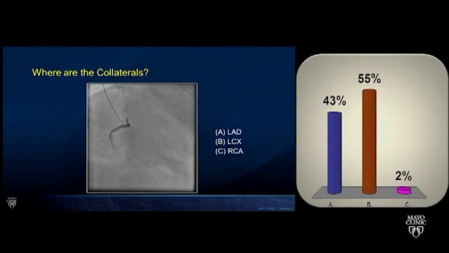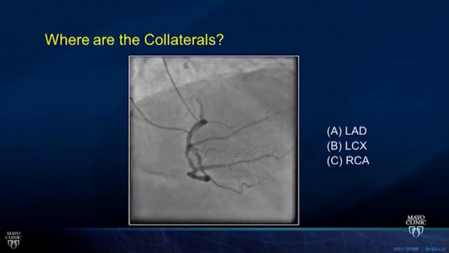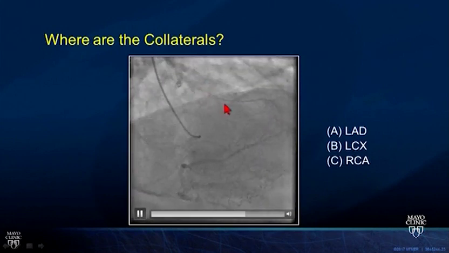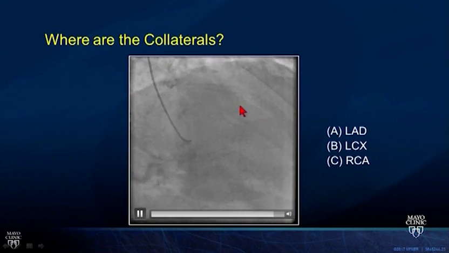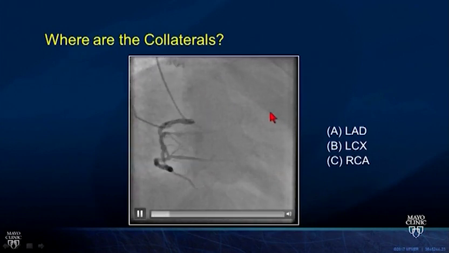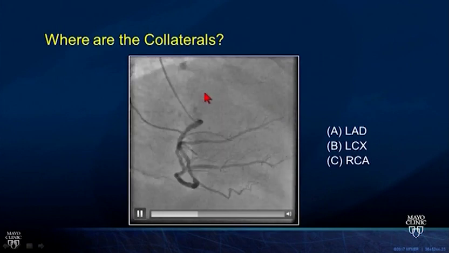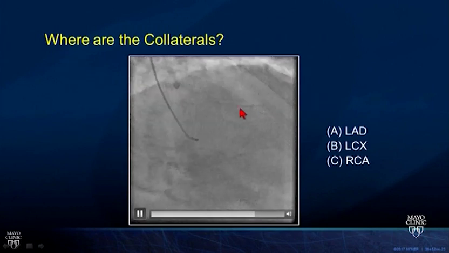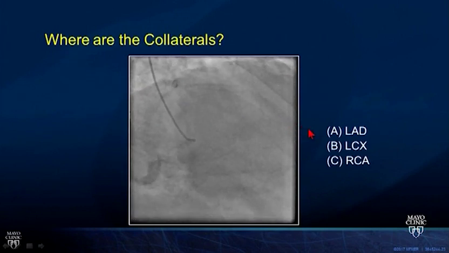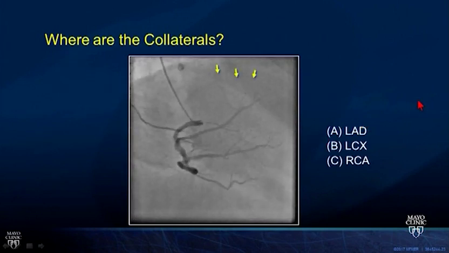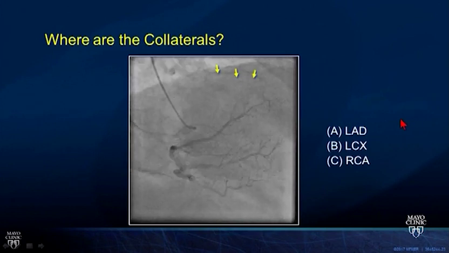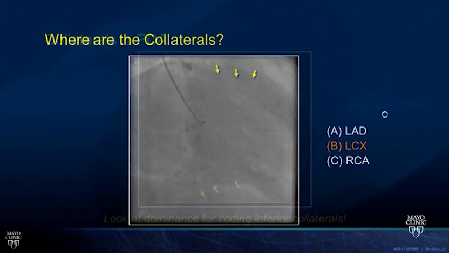That's reflected in the answers here. I don't know that this would probably come up on the boards because it is a little tricky to tell, but this is probably going to the left circumflex. This is the lateral wall of the ventricle, and just the appearance of it is consistent with an obtuse marginal collateral. So I would have coded circumflex here. But I think it is a little bit of a tricky question. Probably wouldn't have this on the boards.